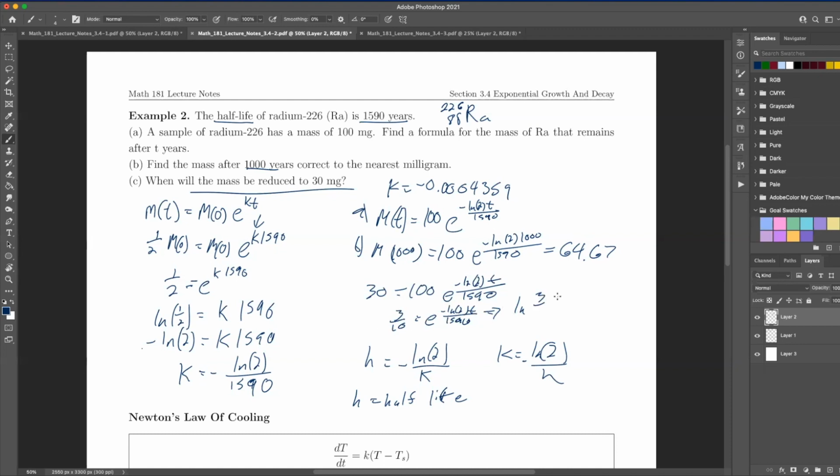So we take the log of both sides. We get ln of 3/10 is equal to minus ln of 2 t over 1590.